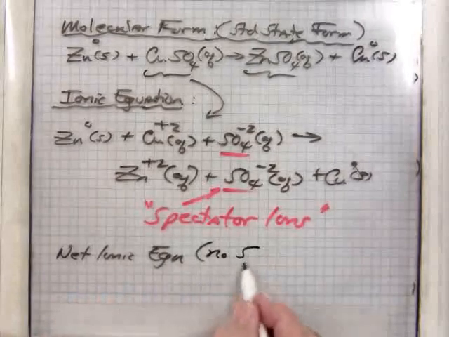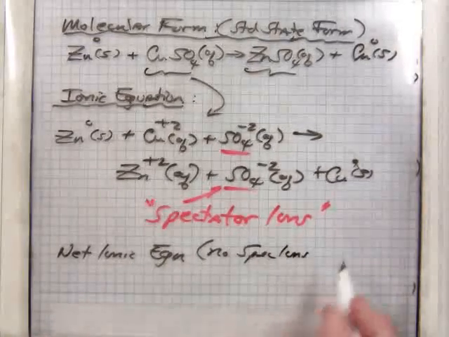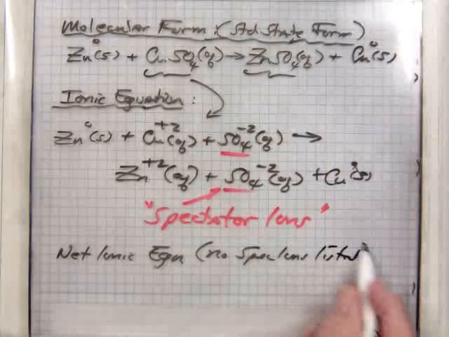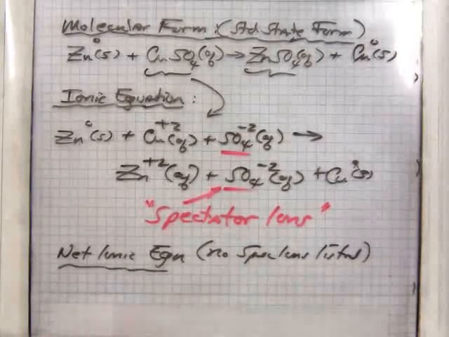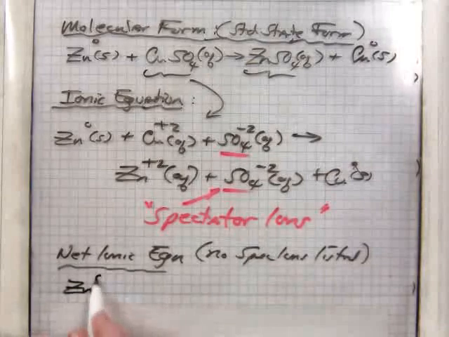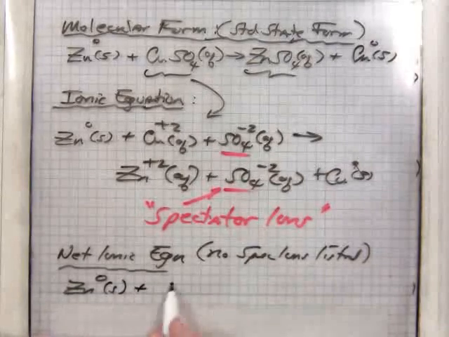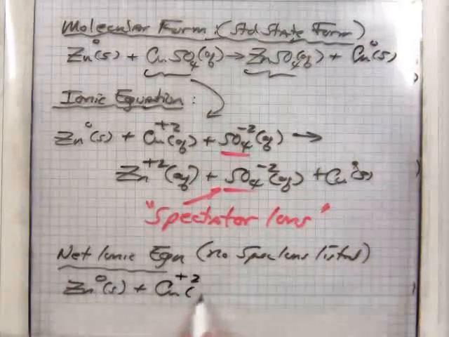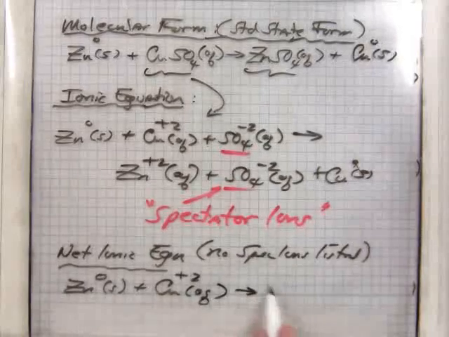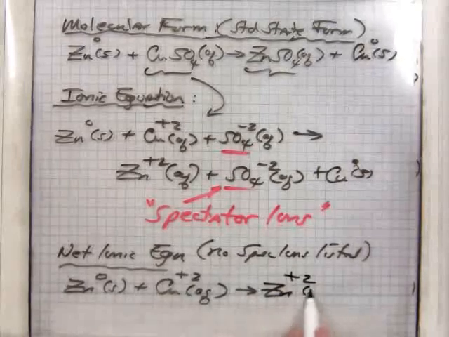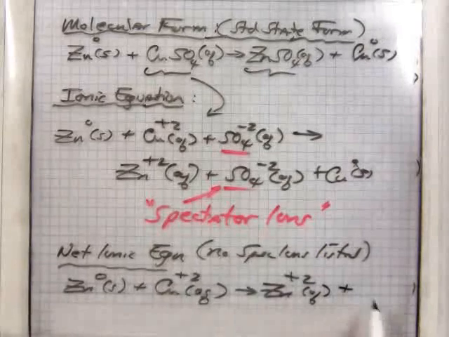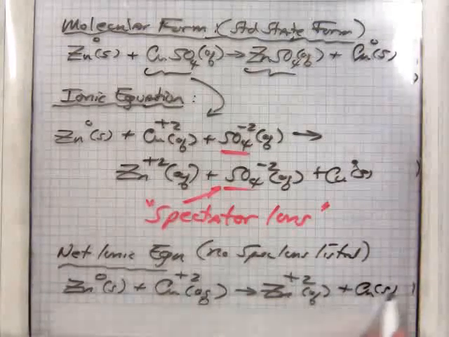No spectator ions listed, just as a reference. So this would be zinc plus your copper +2 aqueous going to zinc +2 aqueous and plus the copper reduced form.